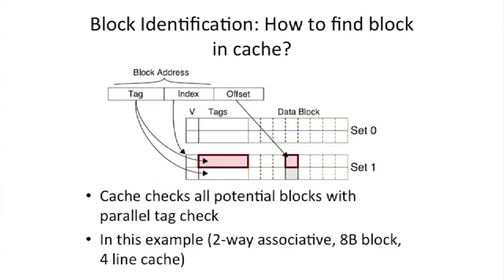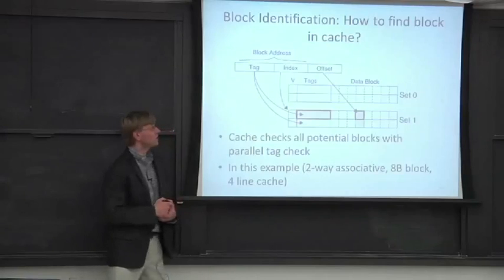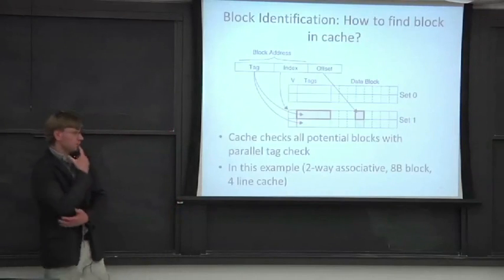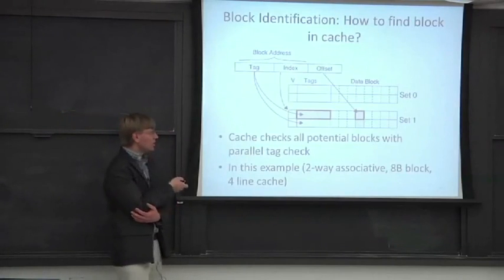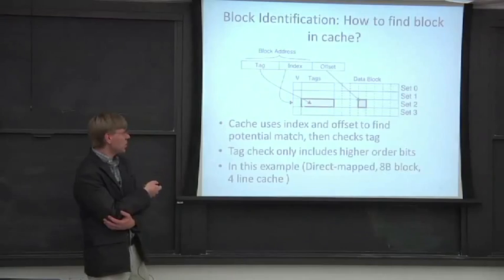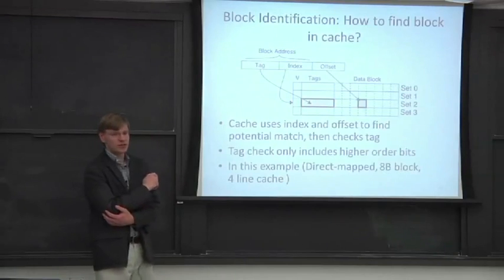Okay, so a little bit more advanced example here. We have a 2-way set associative cache still with 4 lines. And we want to go find our data. So how do we go about doing that? What's interesting here is when we did this, we only had to check one tag location.